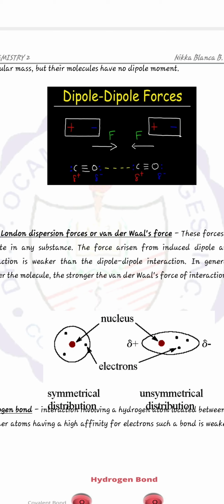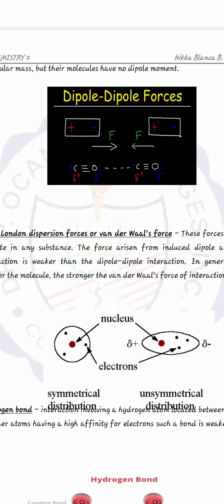So that is the difference between the van der Waals forces, the dipole-dipole forces and the strong ionic forces. As you can see, van der Waals forces exist in the weaker dipole-dipole forces. Meaning to say dipole-dipole forces are involved in this interaction but in the weaker part.